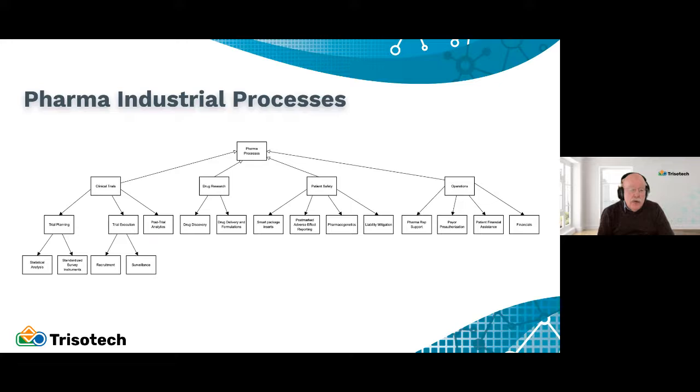If you look under clinical trials, they have three main process categories. The first is trial planning, where you look at trying to determine what statistical needs you have so that you can do it most efficiently. That also will determine how many people are needed for recruitment.